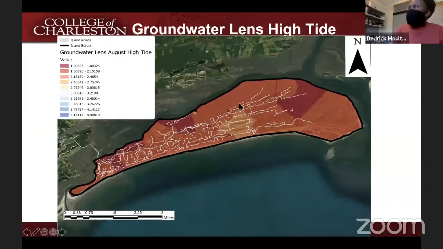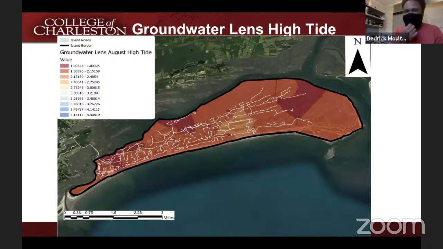I noticed that in the town council's comprehensive plan, one of the things they were interested in looking at was the groundwater lens. So what I decided to do for this project was look at how the groundwater lens is impacted by high and low tide.